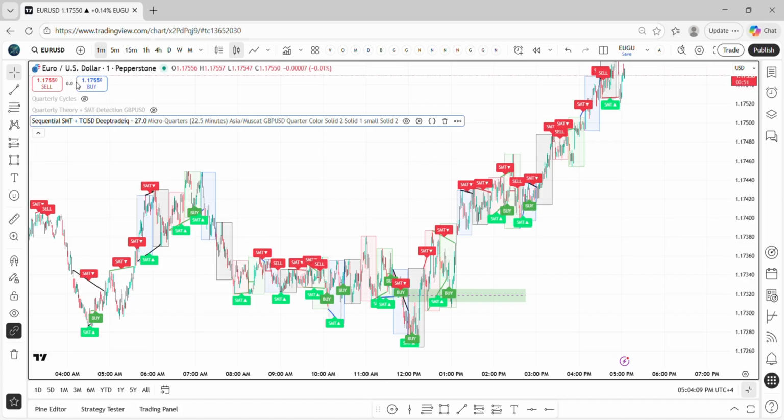I will, inshallah, soon share some videos totally based on quarterly theory and some extra cracks and correlation: which OB we can take, which FVG is valid, which order block is valid, and so many things in the market.